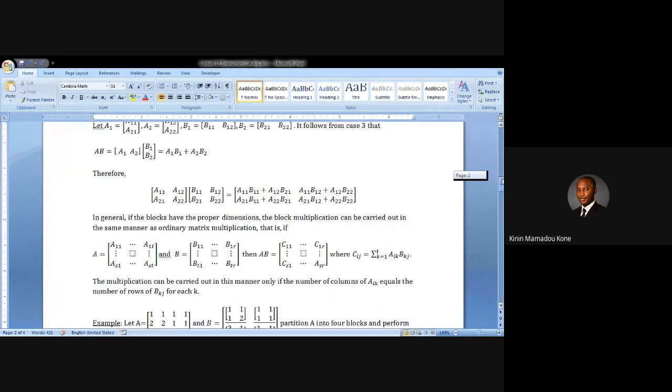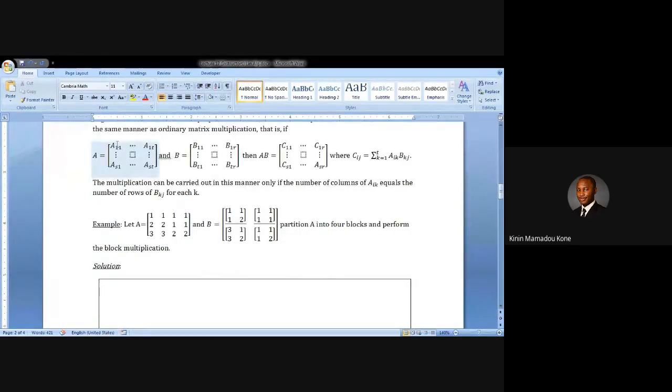That is, if A equals this matrix over here with blocks as entries, and B is another matrix with blocks as entries, then A times B will be a matrix with blocks as entries, where Cij is equal to the sum, k goes from 1 to t, of one block of the matrix multiplied by the other block of the matrix.